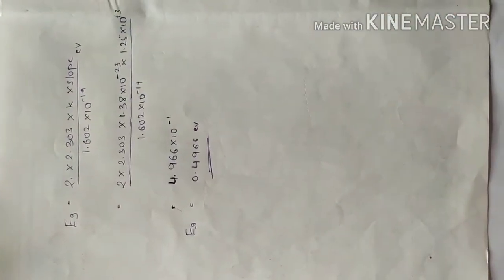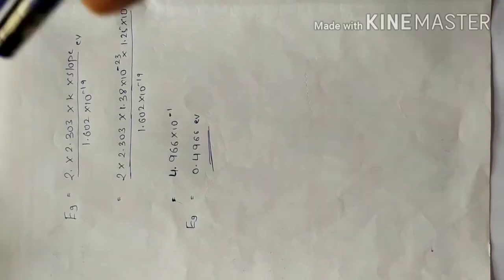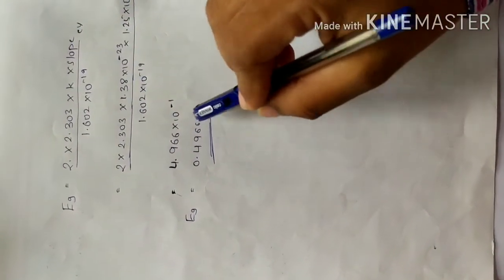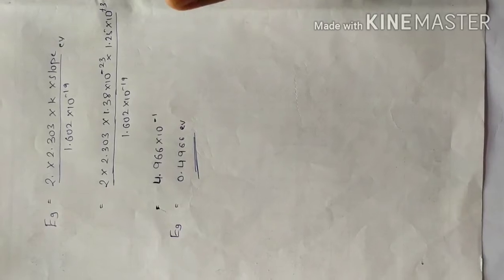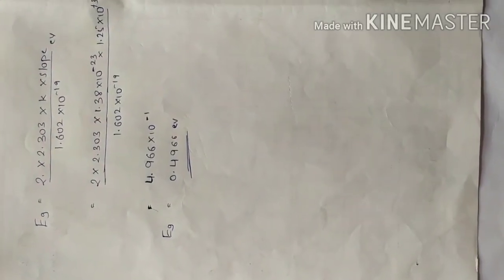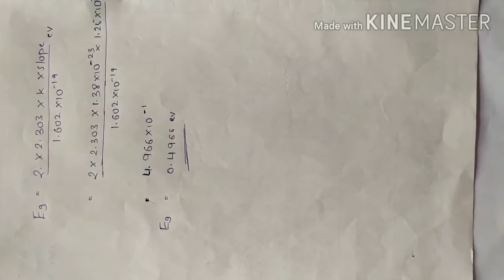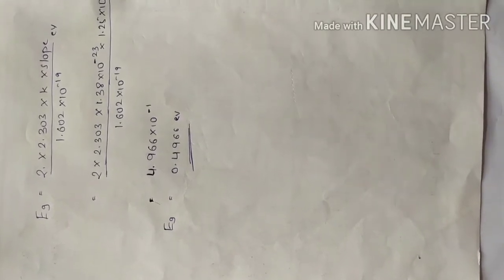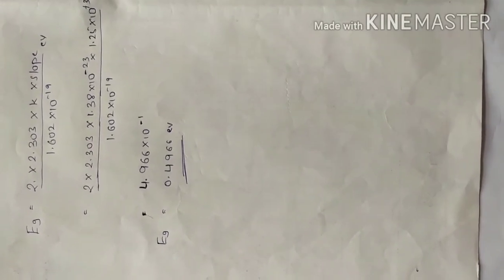So the energy gap of our thermistor is 0.4966 electron volt. So this is the experiment on how we can find out the energy gap of the thermistor. Thank you.